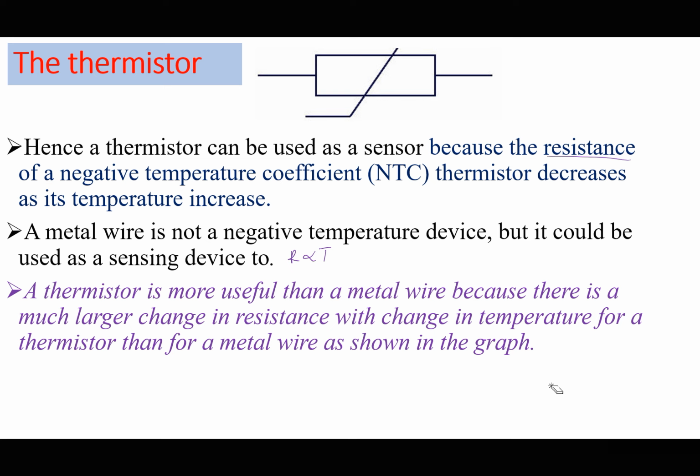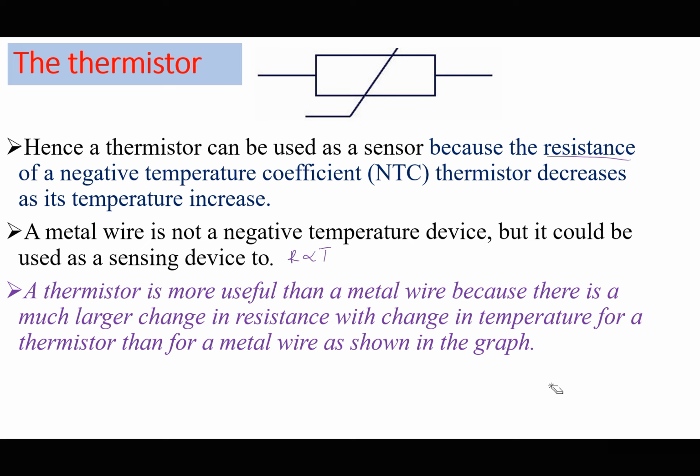So the examiner will ask you to explain why a thermistor would be better for measuring change in temperature in comparison to using a metal wire. A thermistor is more useful than a metal wire because there is a much larger change in resistance with the change in temperature as compared to that for a metal wire. That's why a thermistor would be better.